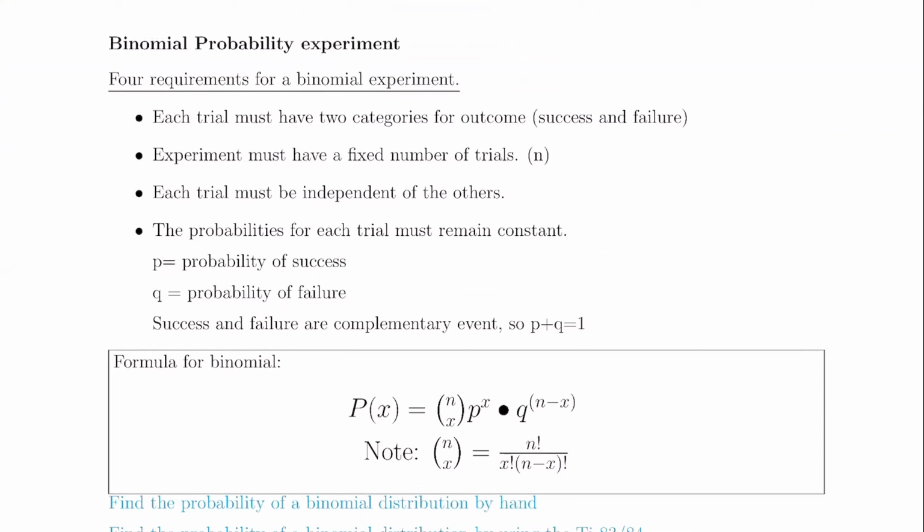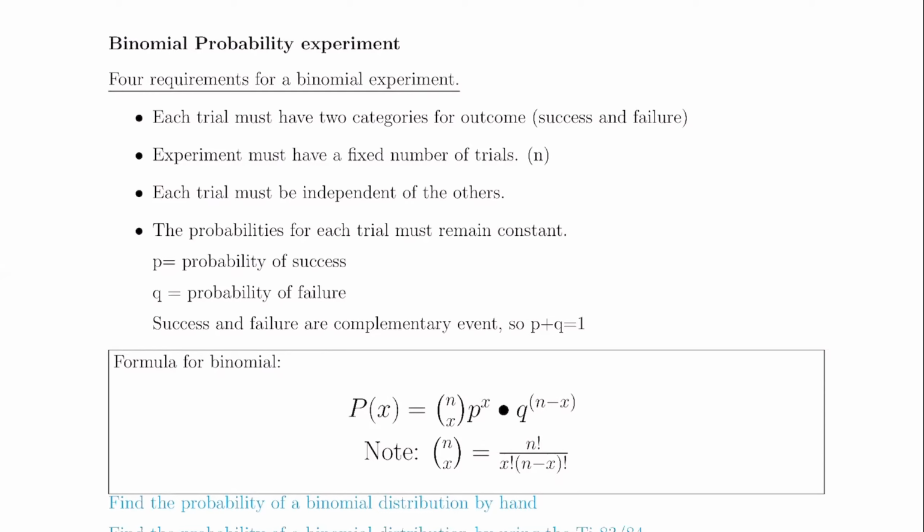All right. So for a binomial distribution, there is a set of conditions that you have to check to see if it meets a binomial distribution. So the first thing just means two options.